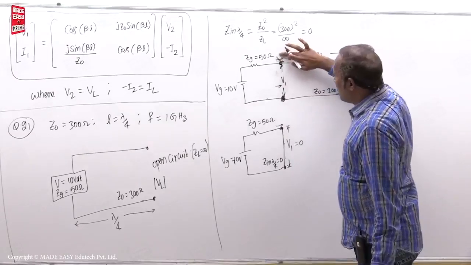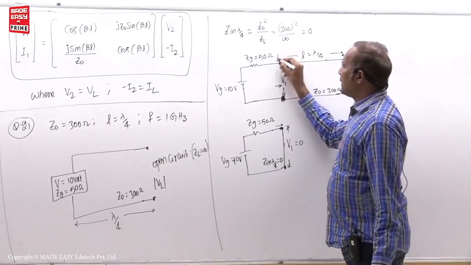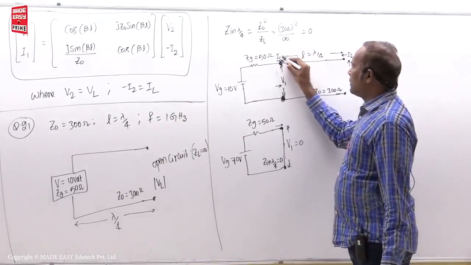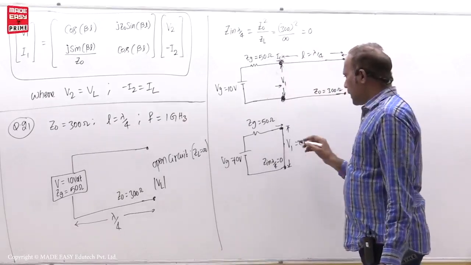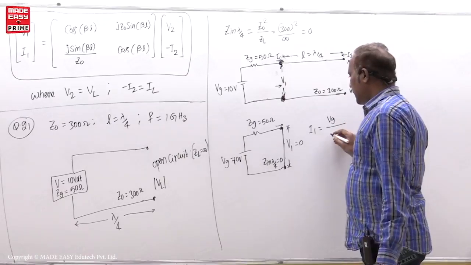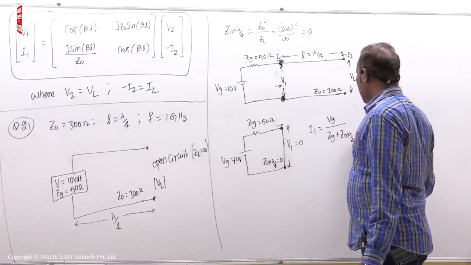So here whatever current is there is called I1 current. Now the total length is this much. I1 current is what, students? Here I1 is equal to Vg divided by Zg plus Z in of lambda by 4.